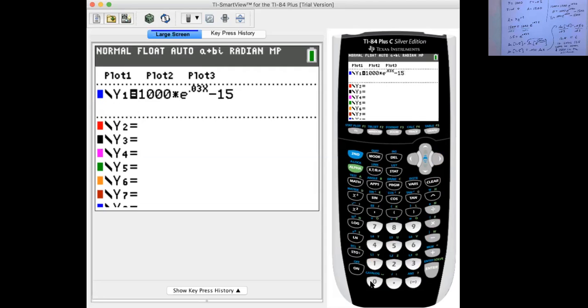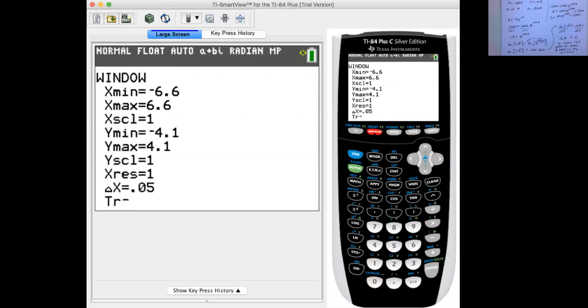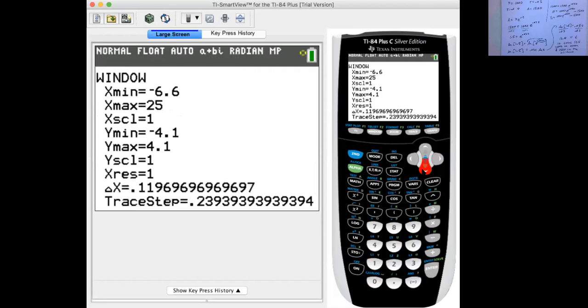And I expect it to happen around 13.5, so my window's got to go beyond 13.5, so maybe I'll go to 25. But I think I need a whole lot more y values just to see this grow. So I don't know, let's try something and we'll verify it from there or change it. Maybe negative 400 to 1,000 on the y, by 100.